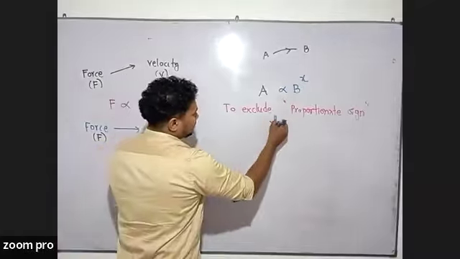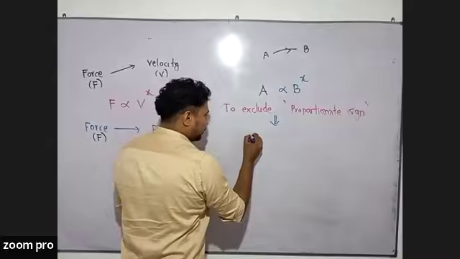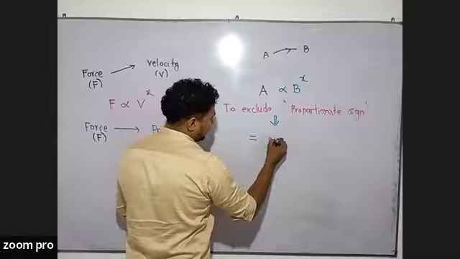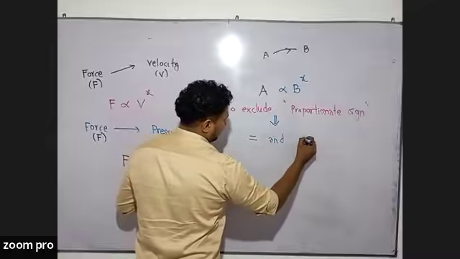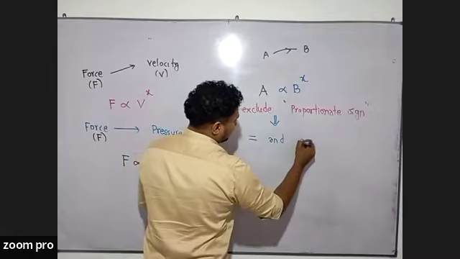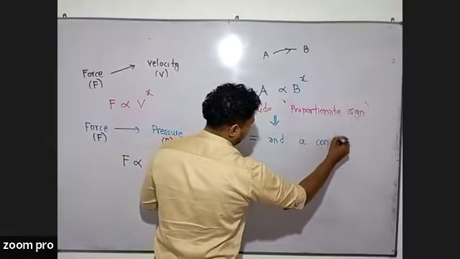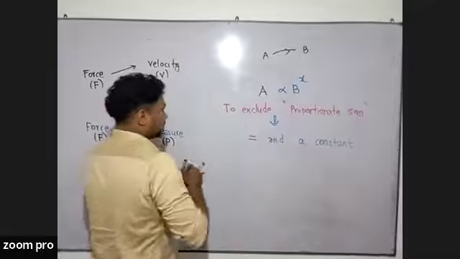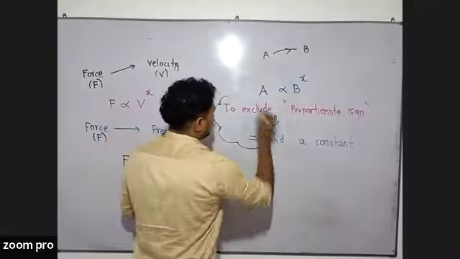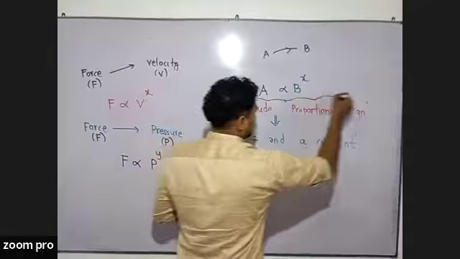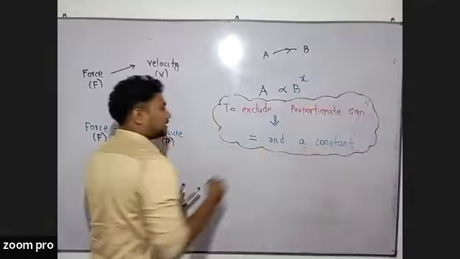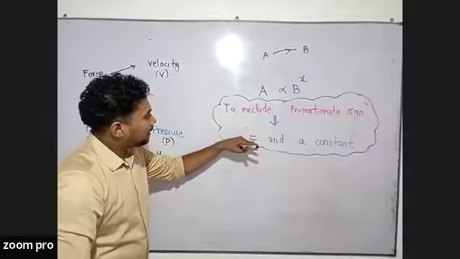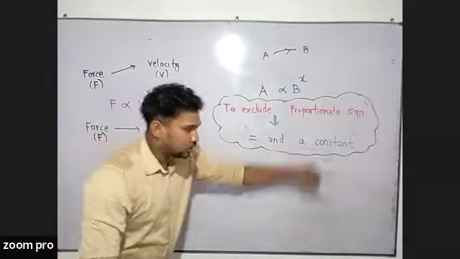This is the way we put an equal sign and a constant. So keep in mind, to exclude the proportionate sign, this is the mathematical way: by applying an equal sign and a constant.